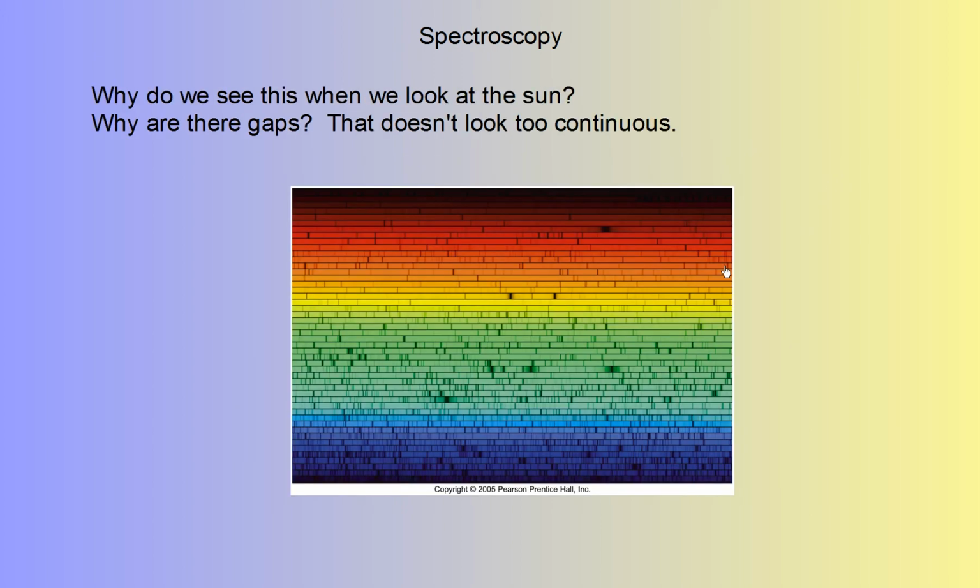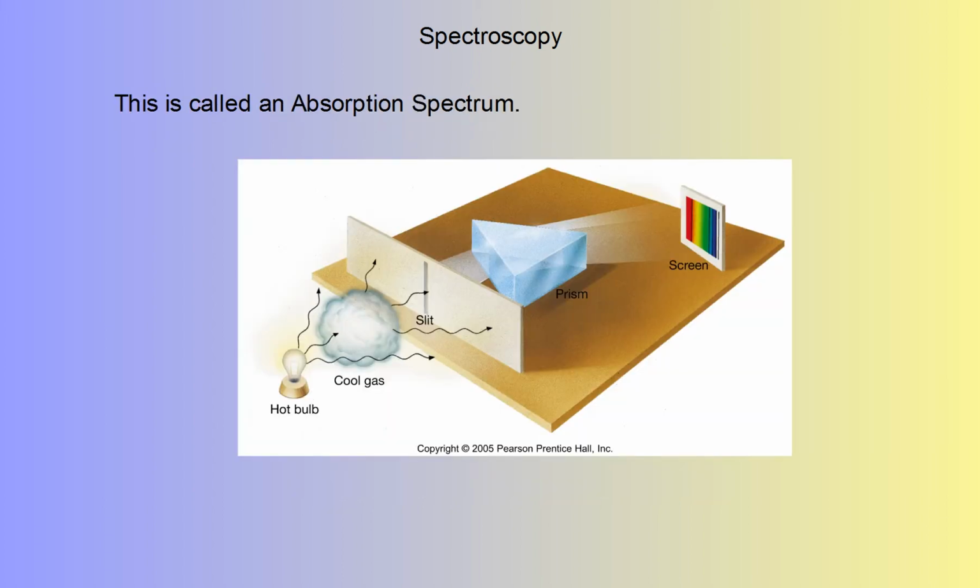These lines are actually blocked light, and these lines depend on what the gas is made out of, and I'll talk more about that in a second. So that's an absorption spectrum. Light from the star is being absorbed, and we see small gaps of light.